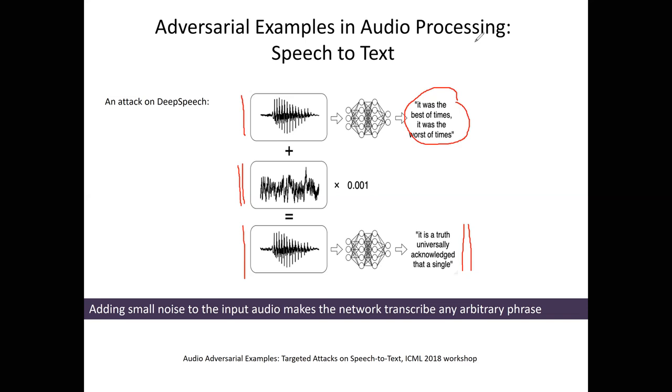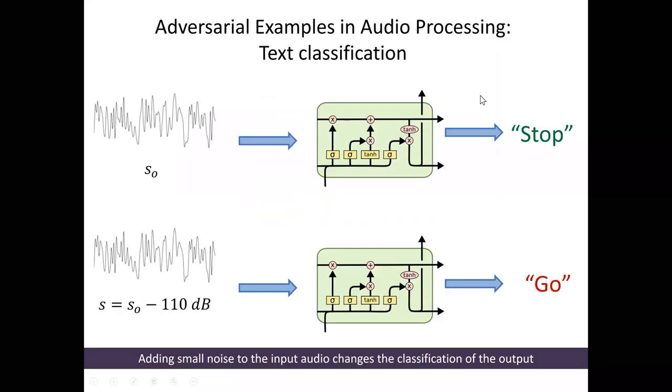Okay, so let's look at a simpler variant of this, which is a similar problem. Again, audio processing. Again, you have speech to text, but this time it's just speech to classification. So I have a bunch of output labels, for instance, stop, go, left, right, up, down, and so on. And once again, I can have some original audio recording.